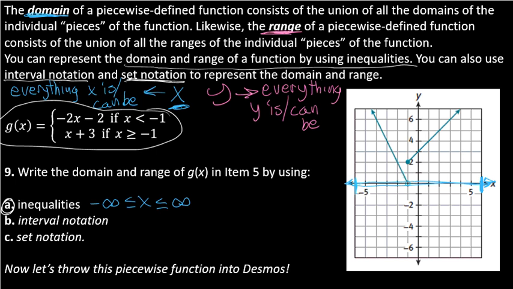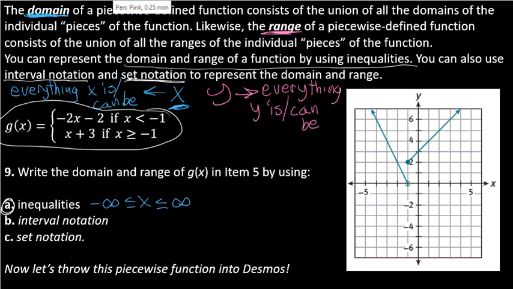What about our range? Well, that's a little bit different. Let me erase a little bit. Can we say that our range is somewhere in between plus or minus infinity? No, we can't.